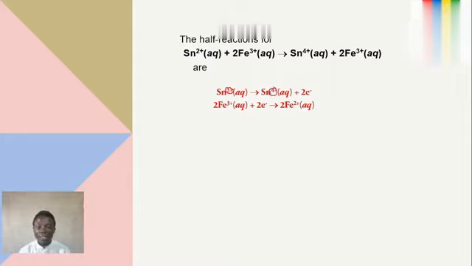What that means is that this has lost 2 electrons, and what does that imply? Loss of electron, that is oxidation. Or in another sense, this +2 to +4 is an increase, that is oxidation. So this becomes a half cell equation for oxidation.